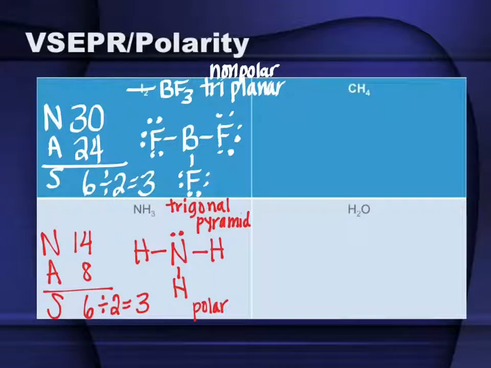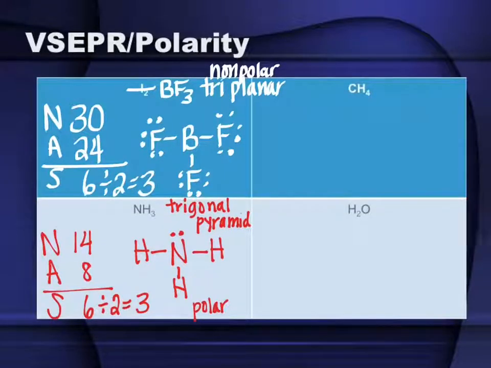Equal time everywhere here? Probably not. They're going to spend most of their time around the nitrogen. So that means it's polar. If they have the same atom all the way around, it is going to be a nonpolar molecule.